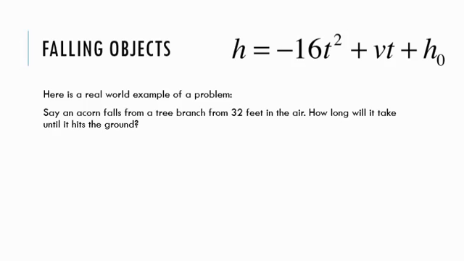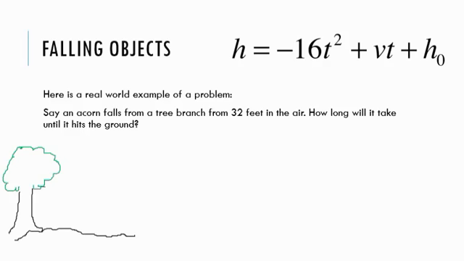Say an acorn falls from a tree branch that is 32 feet in the air. We'll get a little creative here. Say I got a tree and it is 32 feet up in the air. Here's my ground.